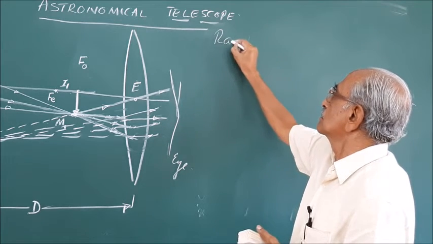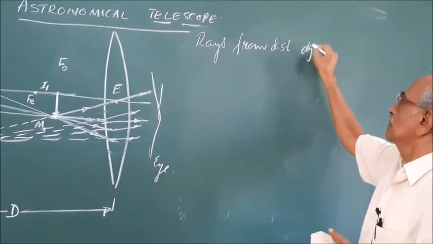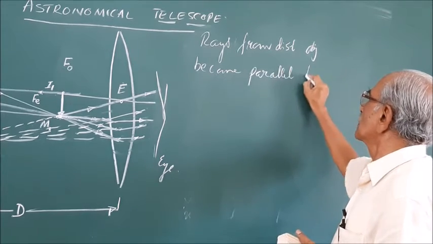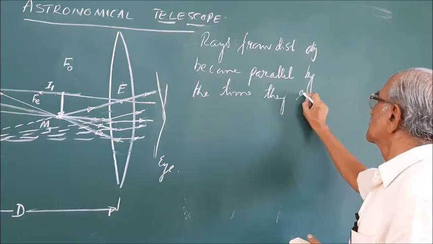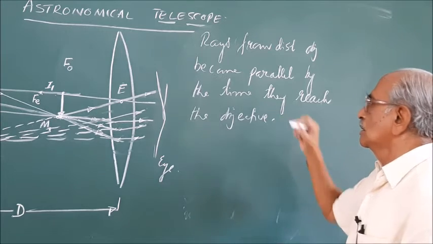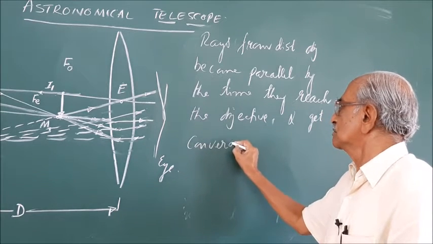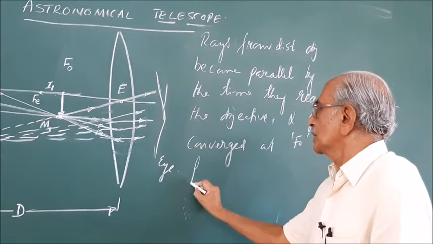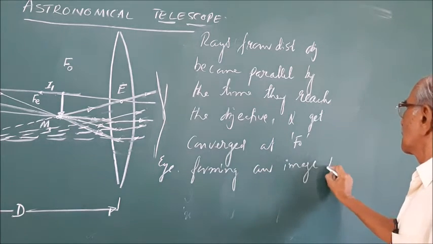See, the rays from distant object become parallel by the time they reach the objective, and get converged at the principal focus, forming an image I1M1.